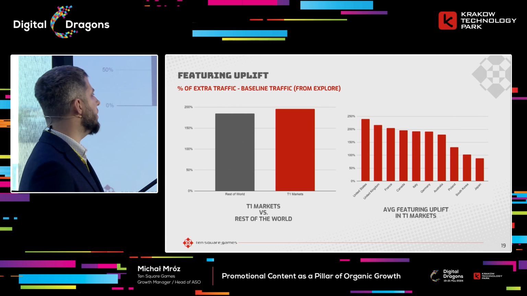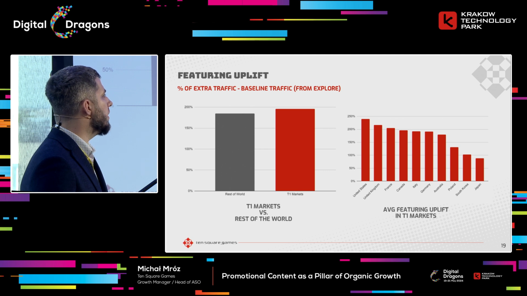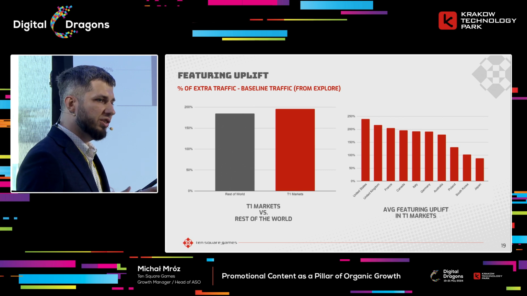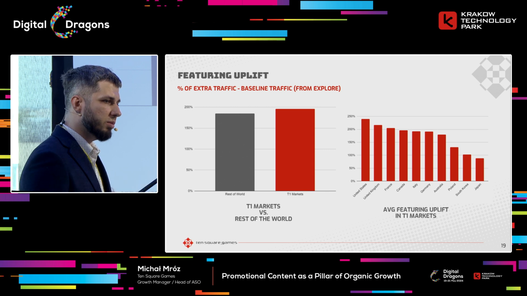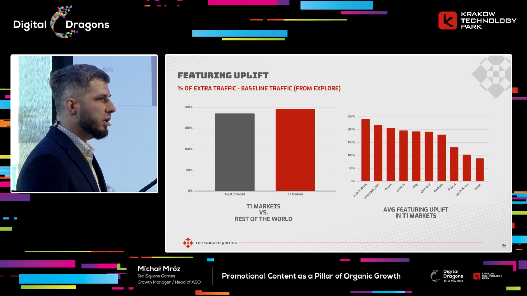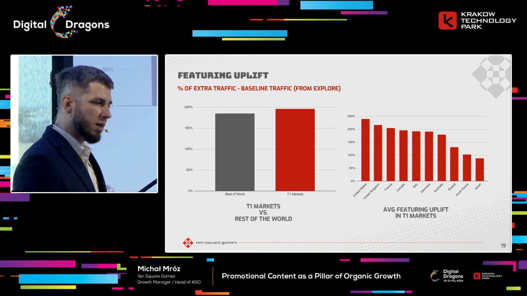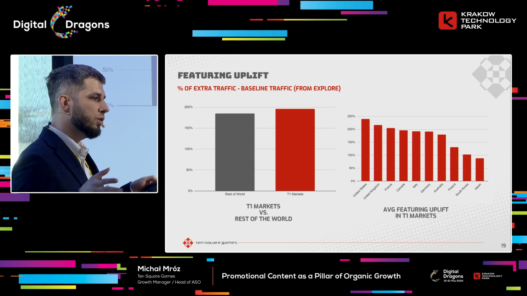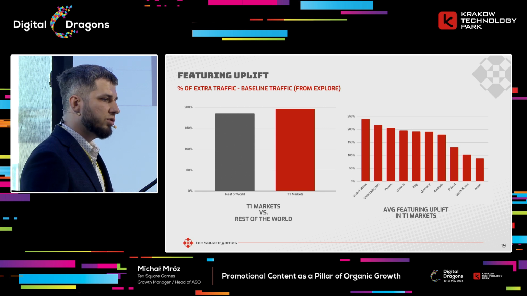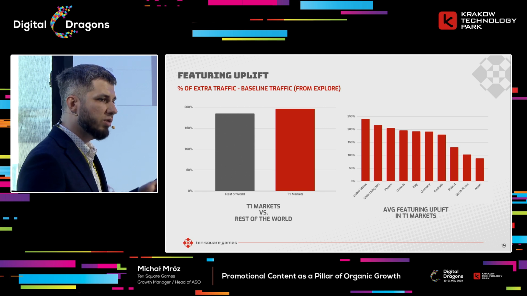But what I'm telling you here is that you can still have a considerable uplift coming from tier 1 markets, like the United States, like the UK, like Germany, but you have to be aware that if you have, for example, a great uplift from promotional content that gives you 100K of extra downloads, then maybe 8K or 10K will be coming from tier 1 markets.